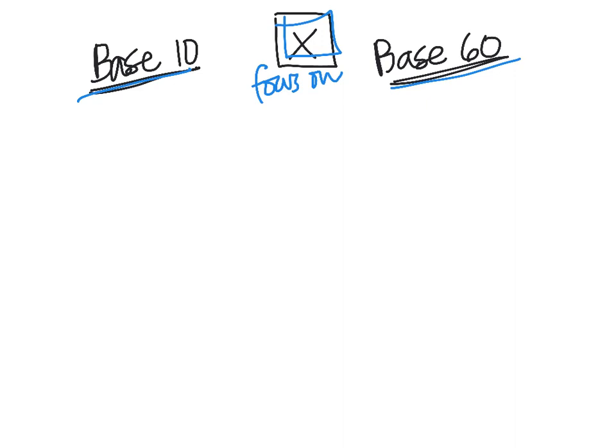like a Babylonian too. The first thing I want to talk about is just thinking about how base 10 works in comparison to what would happen in base 60. So for example, we know in base 10 that if I were to take 7 times 10, that would give me the product of 70.